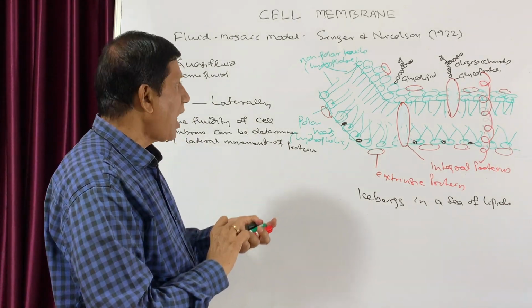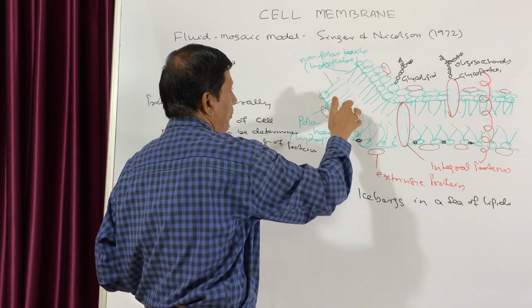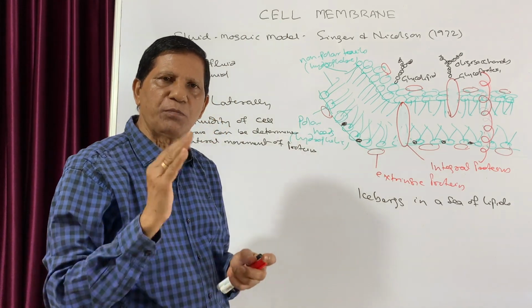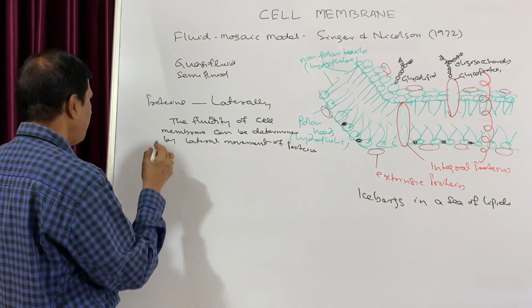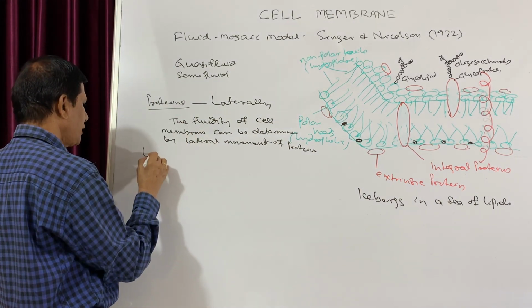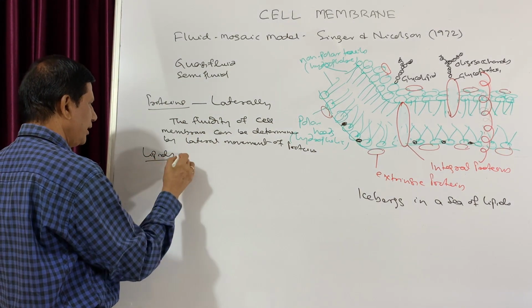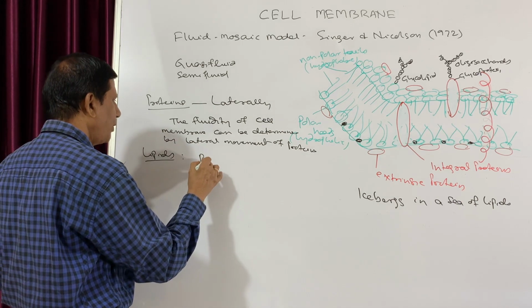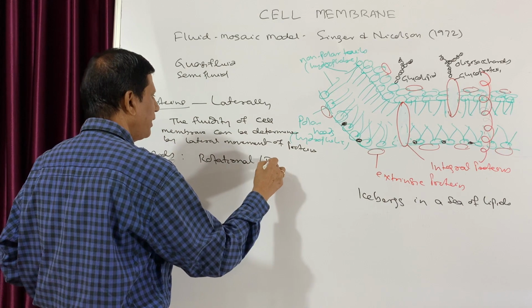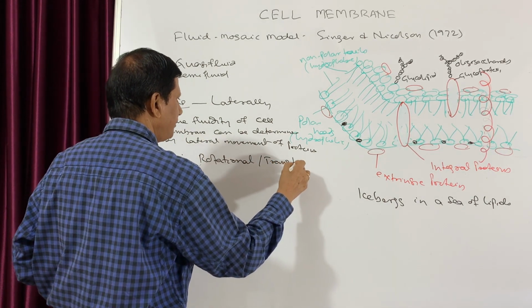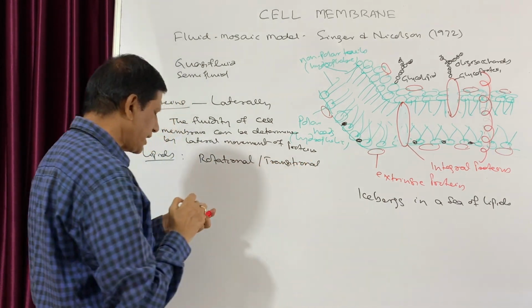But how do these phospholipids move? The phospholipids can move in two different ways. We will take that of the lipids. Now lipids have rotational movement, or we can call it also transitional. So in this case, what happens?